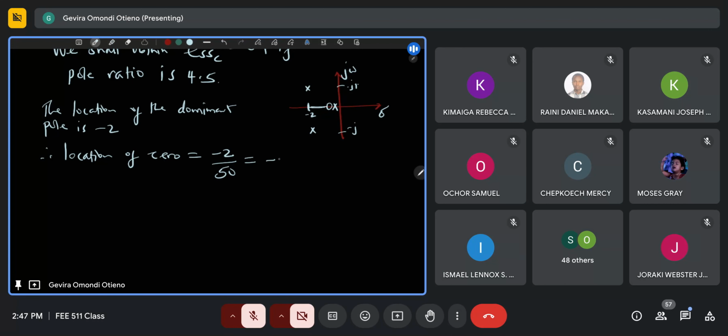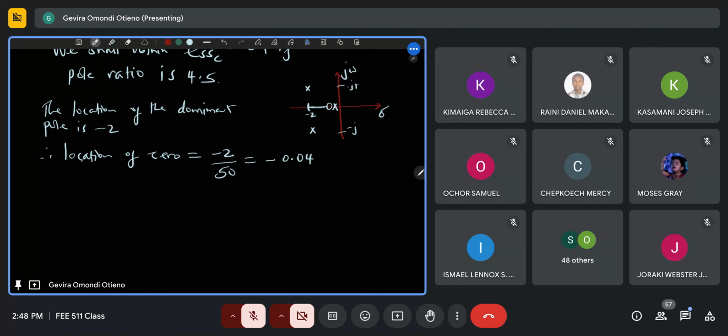And this is going to be minus 0.04. So that should be the location of the zero. I'm using a very arbitrary value of 50. You can put 60, you can put 70, you can put 100. This is simply design. Okay?